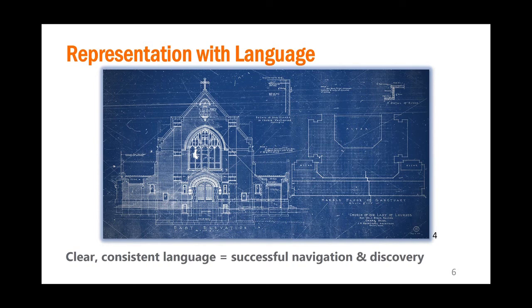So the introduction of language as the main medium required that additional considerations and rules be introduced and enforced. This is to make sure that one person viewing the same architectural blueprint, continuing with that metaphor, can read, interpret, and navigate as successfully as another individual.